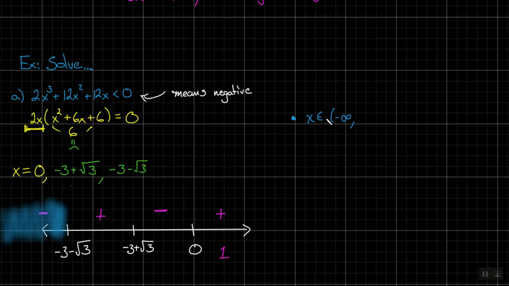In the set of. So this is what's going to help me avoid thinking that this is an ordered pair. So x is in the interval, or the range of numbers, between negative infinity, and how far do I keep working this way? Until I get to where? Negative 3 minus root 3. Good. Then I don't touch it, right? Because it's a less than and not or equal to, so I'll use a parenthesis.